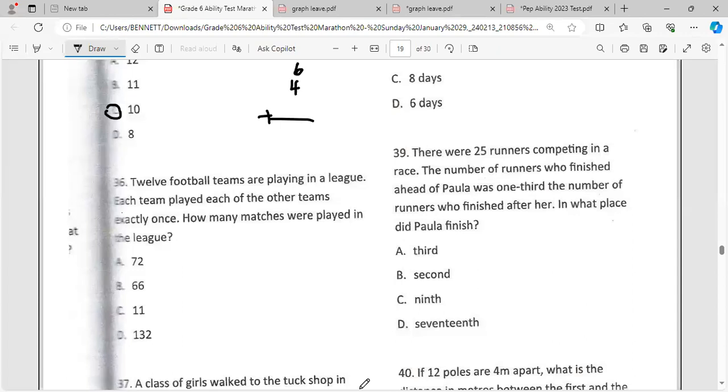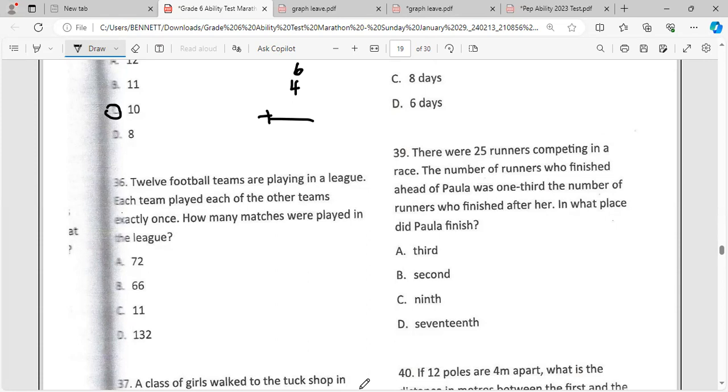And if 12 teams play the other 12 teams once, that would be 12 times 12, and I get 132. But 12 times 12 is 144. I'm not saying it's incorrect. I'm saying 12 times 12 would be 144. I'm not saying your answer is wrong, but that part would be correct.